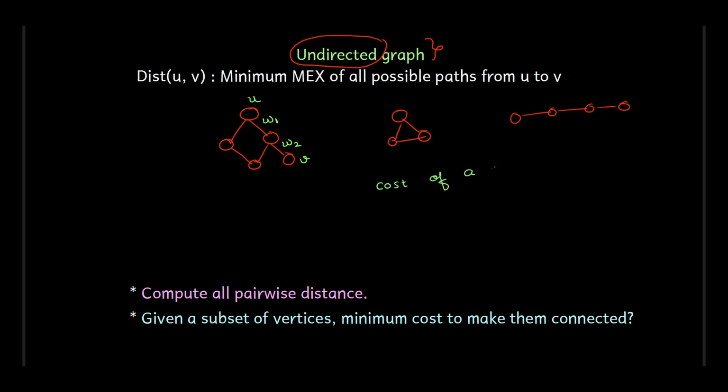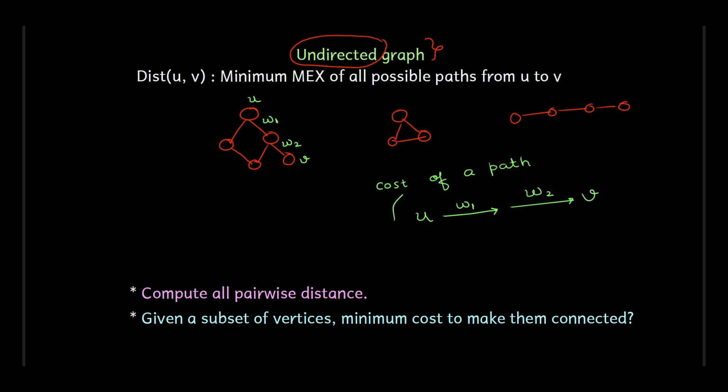Like if you have any path that originates from U and lands at V. So you can see that the path from U to V encounters W1 and then encounters W2 and then reaches V. So this is one path.